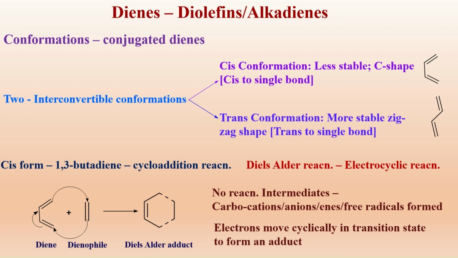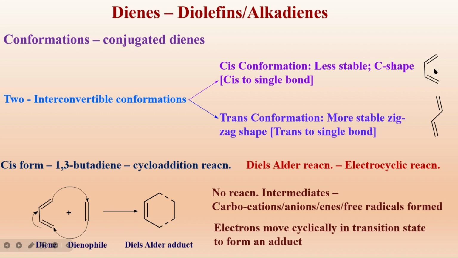This occurs because the conjugated dienes exist in cis conformation and trans conformation. In the cis conformer, the two double bonds lie in the same plane and the torsion angle is 0 degrees. They are nearer to each other.